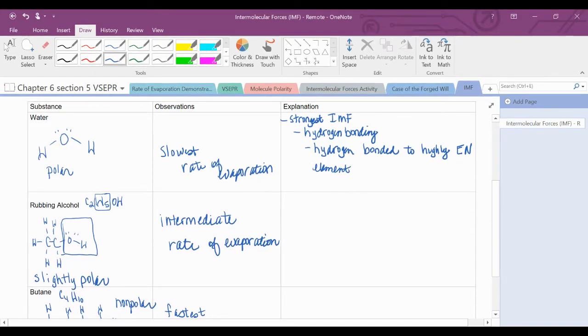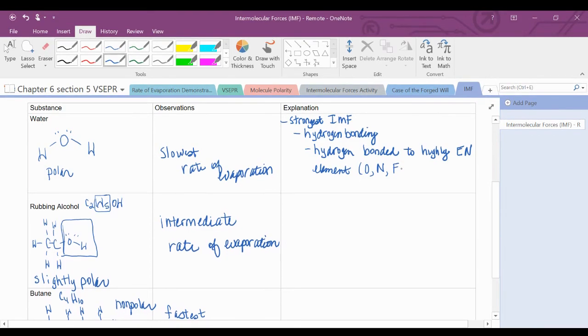And if you're thinking about trends in the periodic table, the elements that are highly electronegative are in the upper right-hand corner. So I'm referring to hydrogen bonded to oxygen, or hydrogen bonded to nitrogen, or hydrogen bonded to fluorine.